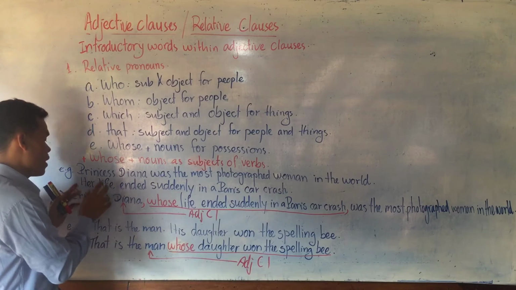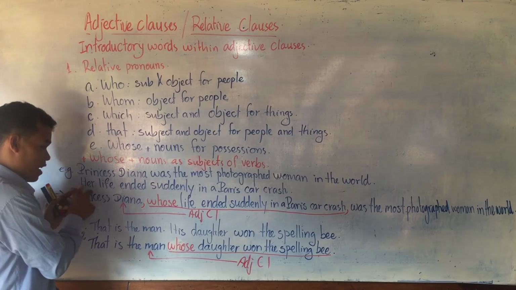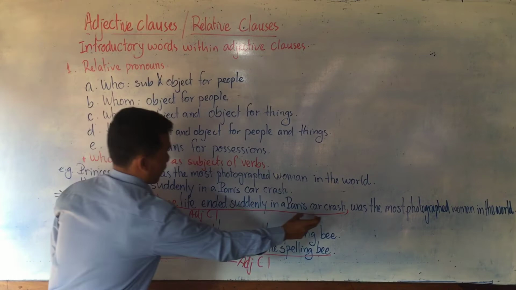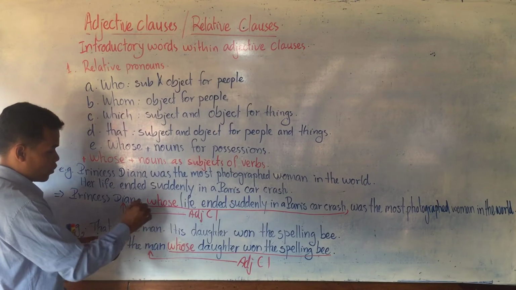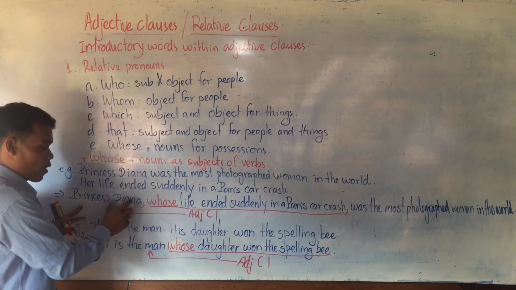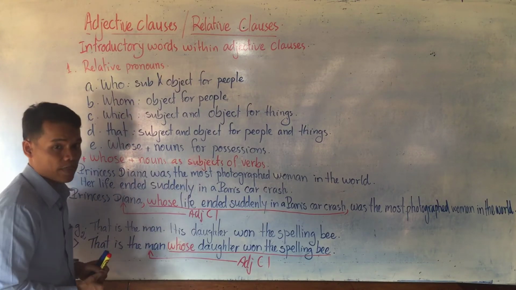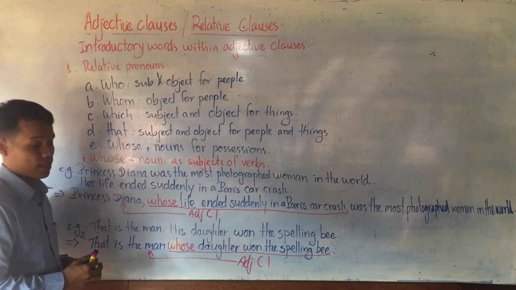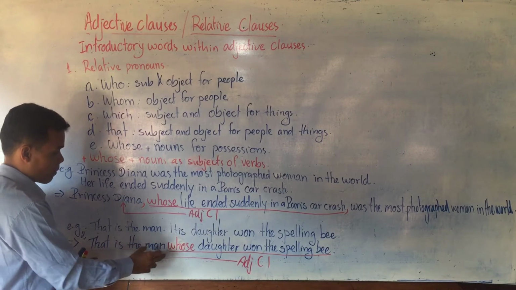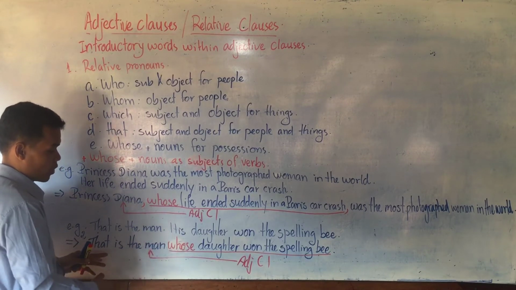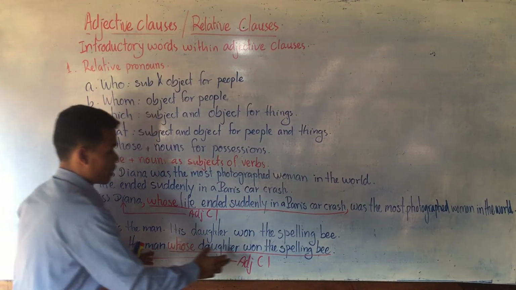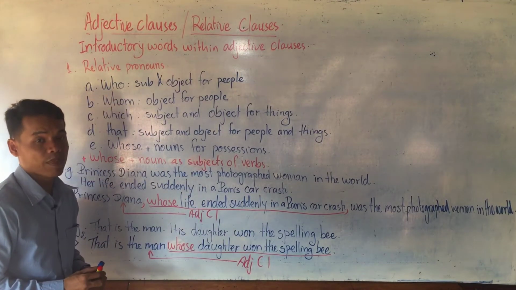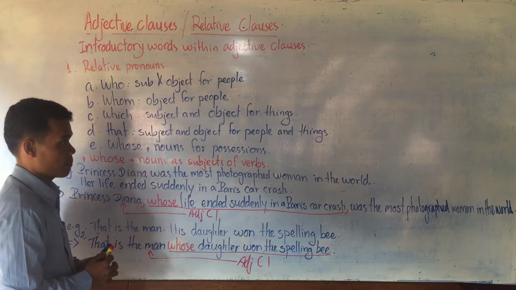That's why we use whose for replacing her here. We can write the adjective clause like this. In this one, when you have a proper noun like this, we have to use commas. It is called a non-defining relative clause. In the second example, commas are not used here because the man is a common noun. So we cannot use commas with the common noun at all in these sentences.